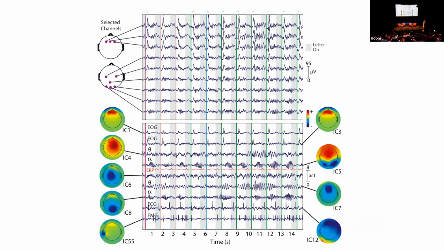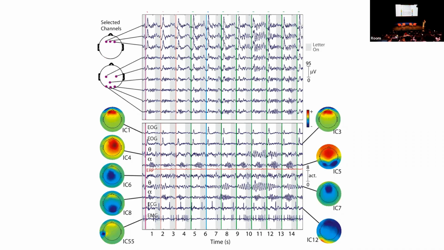Yeah, so the idea is that you have your EEG data. These are the channels, and you can see that there are, for example, eye blinks, present in almost all the channels, even in the central ones. Once you run ICA, you can separate all those different sources.